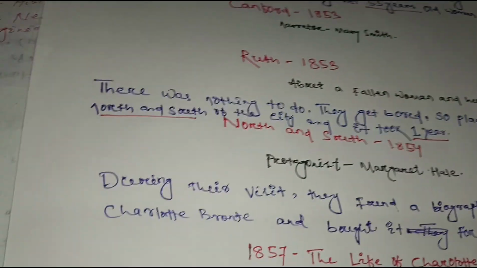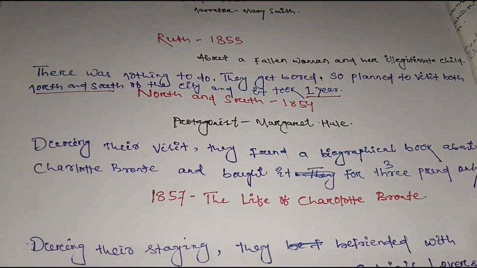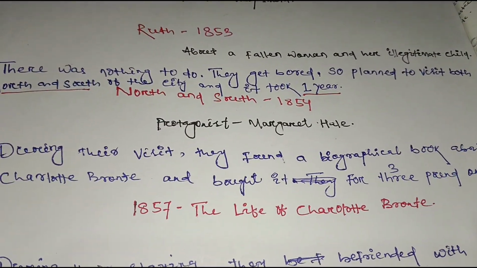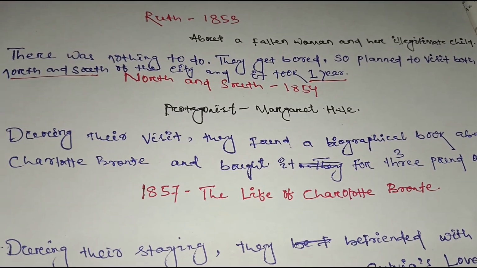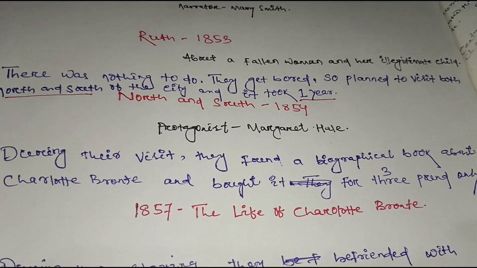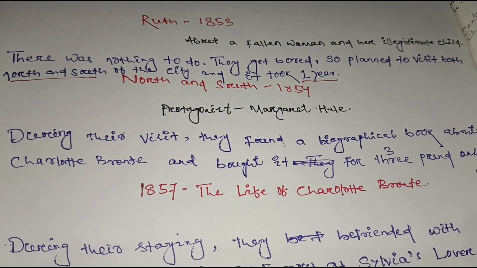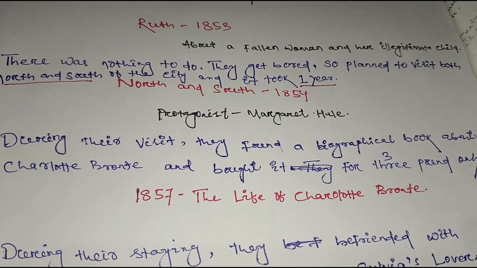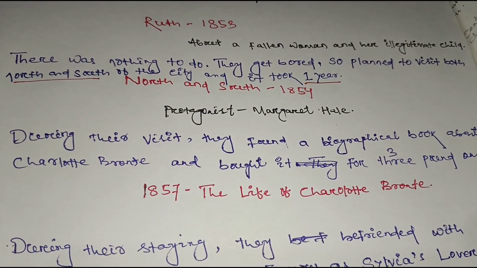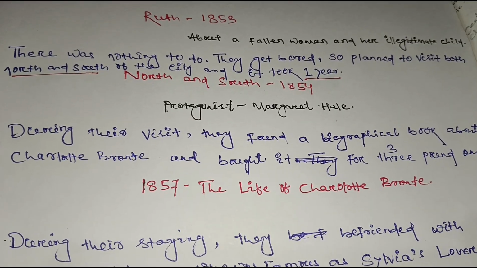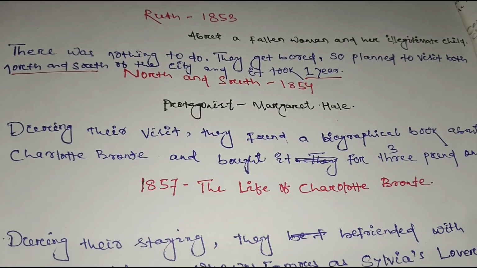So when they visited north and south, what happened there? During their visit, they found a biographical book about Charlotte Bronte and bought it for £3 only. When they found the biographical book about Charlotte Bronte, they read it and bought it also.